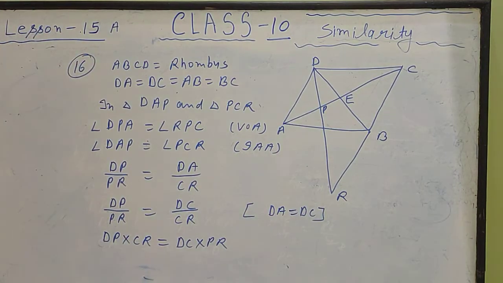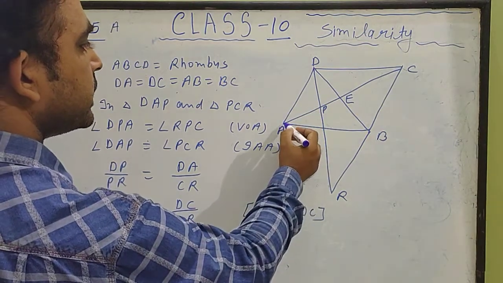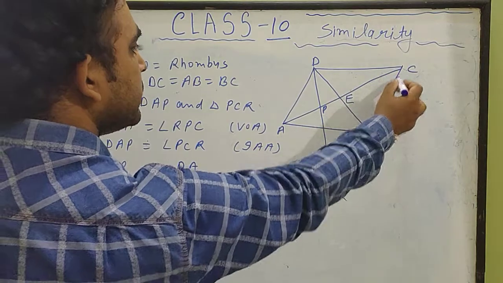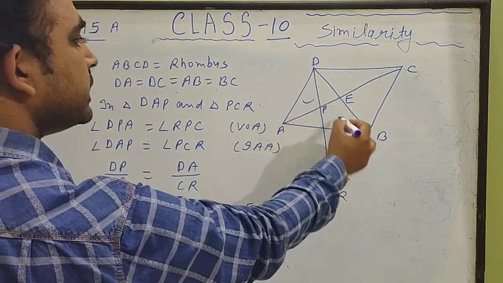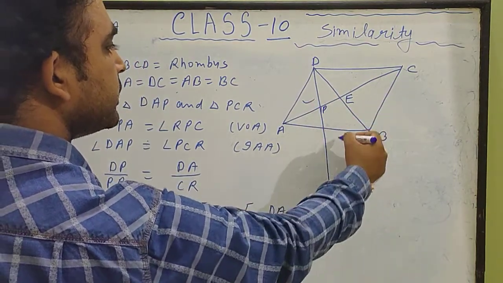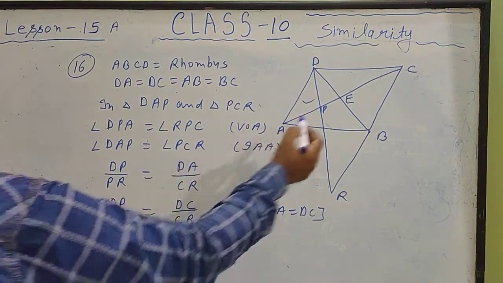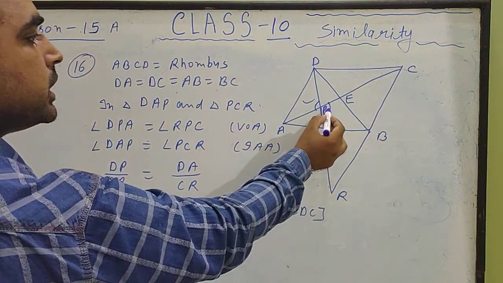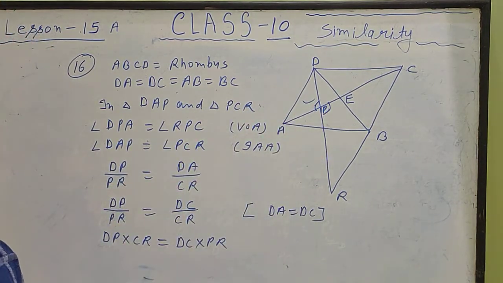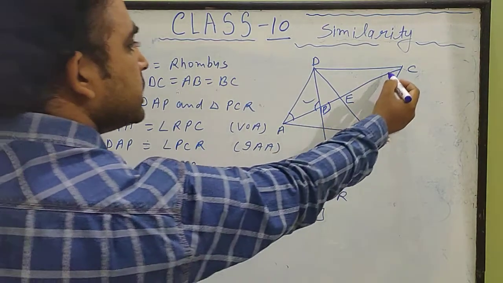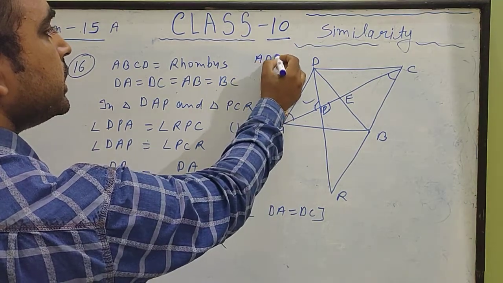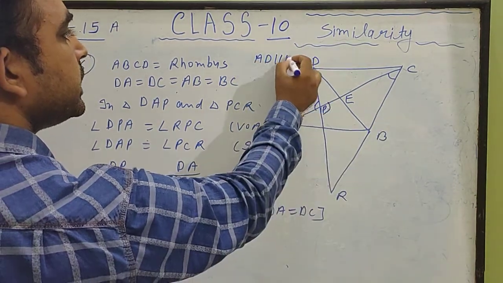Okay, so we take two triangles, triangle APD and triangle PCR. This angle is equal to this angle, vertically opposite angles, and this angle is equal to this angle, interior alternate angles. Why? Because in a rhombus opposite sides are parallel, meaning AD is parallel to BC.